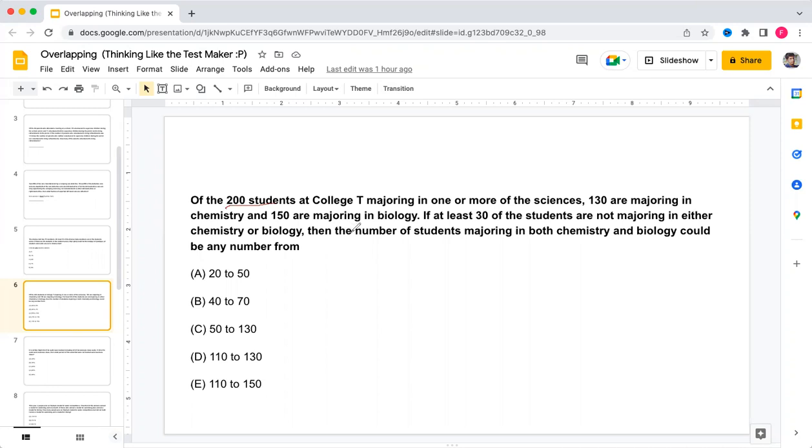Next, if at least 30 of the students are not majoring in either of the two, then the number of students majoring in both could be any number from all of these 5 options. So we are given the total, two values, and the neither value, at least. We are asked to find the minimum and maximum value of both. So let's see the first scenario. If you draw the Venn diagram.